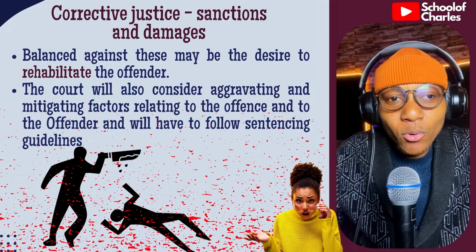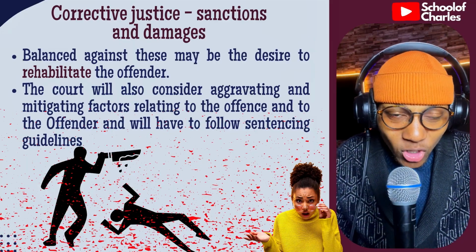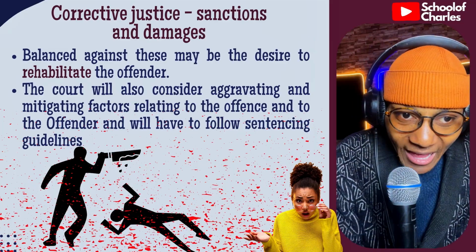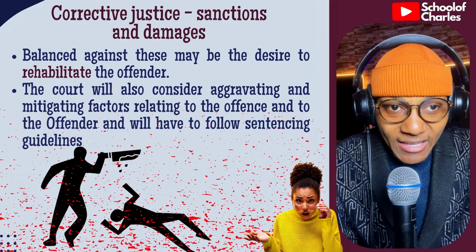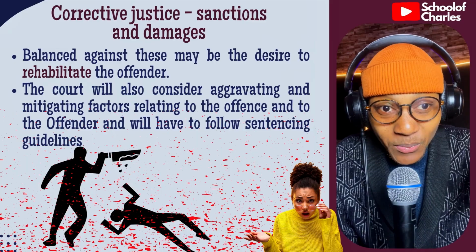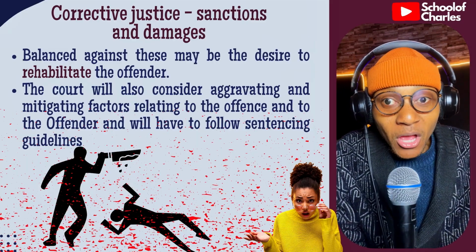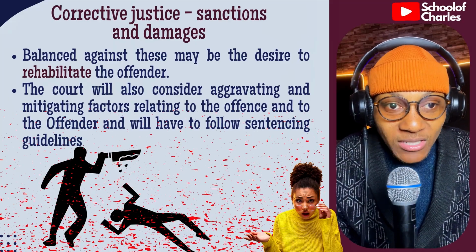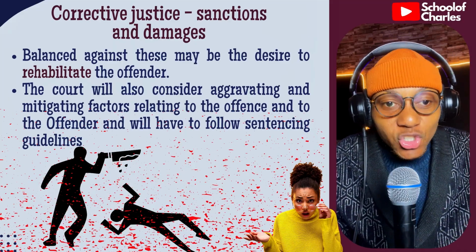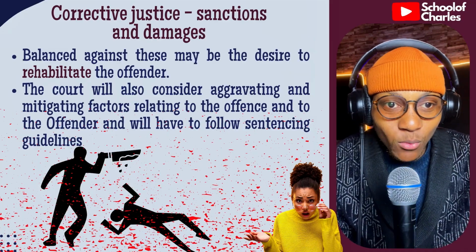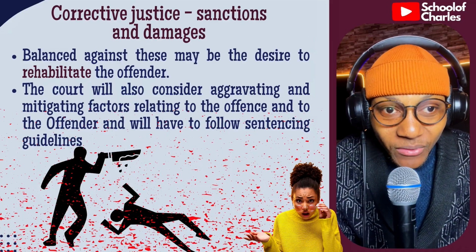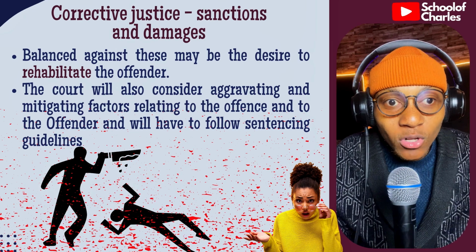And people told them, don't do this, but they continued. They went, they sharpened the axe. They knew this axe could kill a person, but they still proceeded to hit that person. These are aggravating factors. These are things that demonstrate to the court that this person should indeed be punished very harshly.